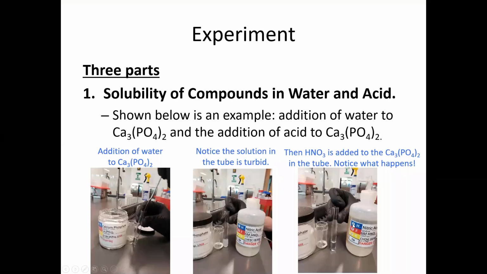And then the second step is to add nitric acid into whatever I have from the first step. So I just add the nitric acid, 6 molar nitric acid, into the same test tube. After I shake it, you can see the solution becomes clear again, right? That means the calcium phosphate is dissolved in nitric acid.